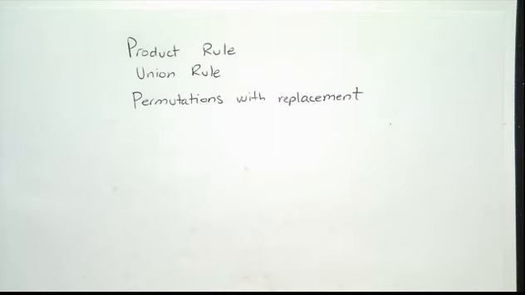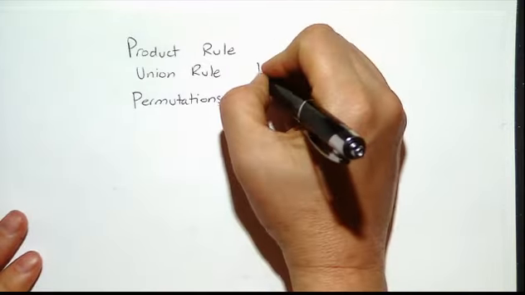That's a permutation with replacement. So permutation means order matters. The word permute means change the order of. So you can remember that permutations means something where the order matters. So permutations with replacement.